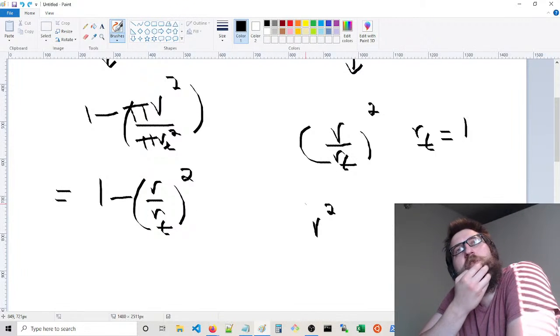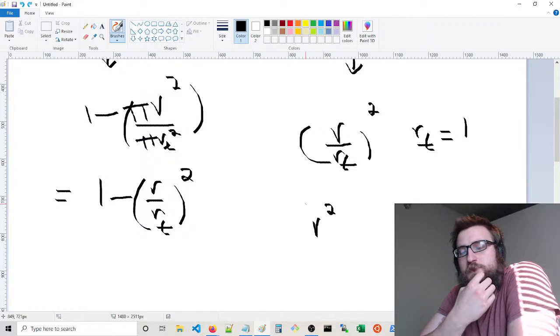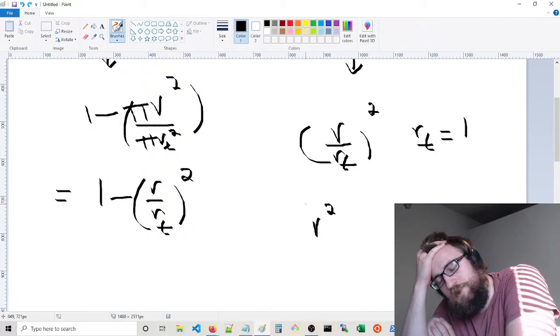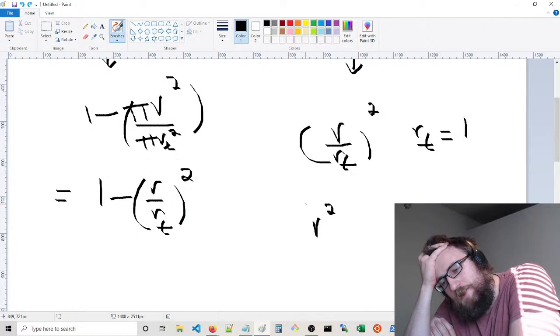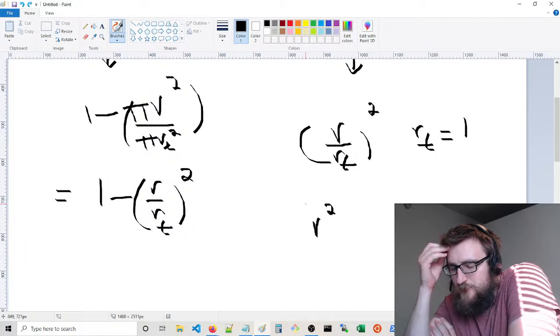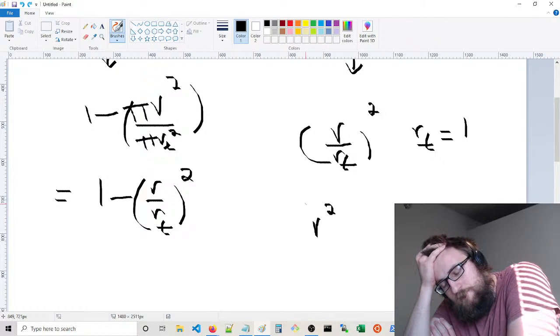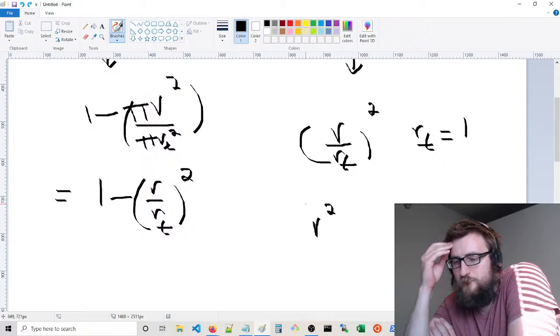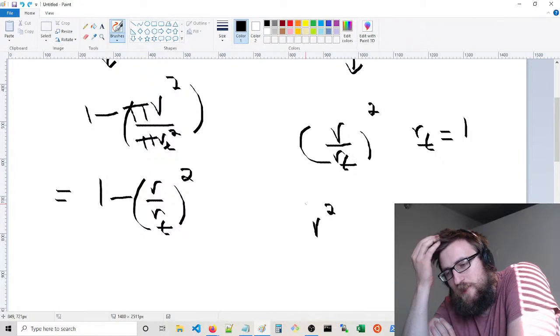The probability that any point will be less than or equal to a particular radius is r squared. We got that, right? Where r is from 0 to 1. But we're really talking about the distribution, right? For any concentric circle, the area increases with the square of the radius.